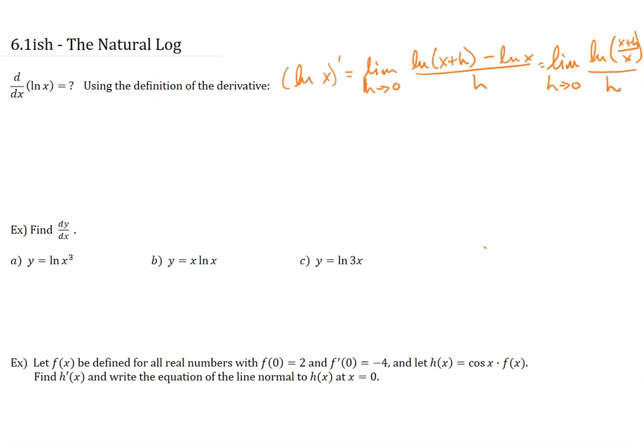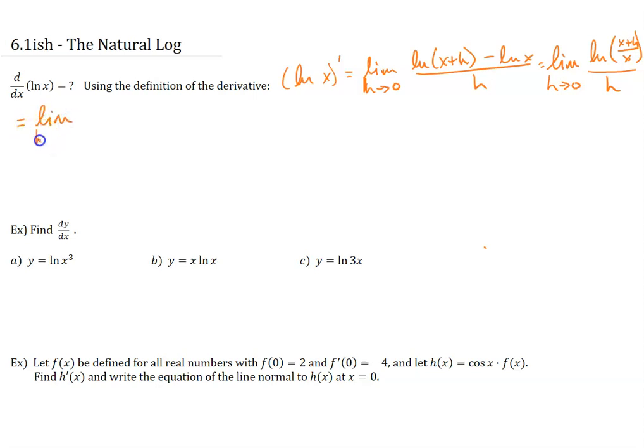Okay, and then I'm going to manipulate this, move some things around a little bit. First thing I want to do is take this h that's in the denominator and just write it as 1 over h in front of the expression, okay? So, and I'll go ahead and do this in two steps.